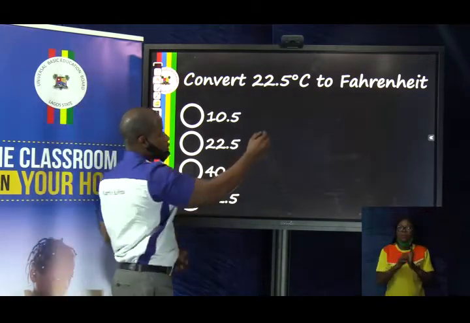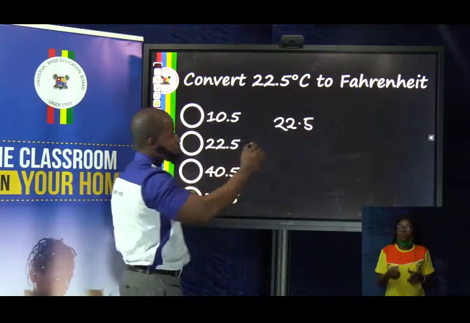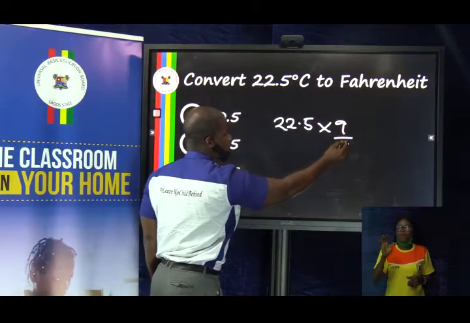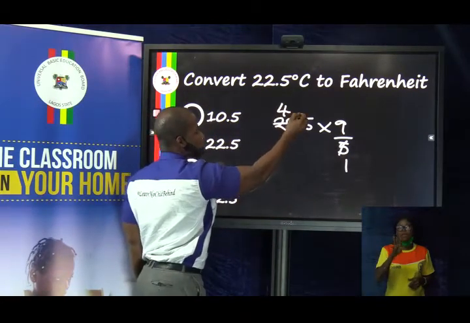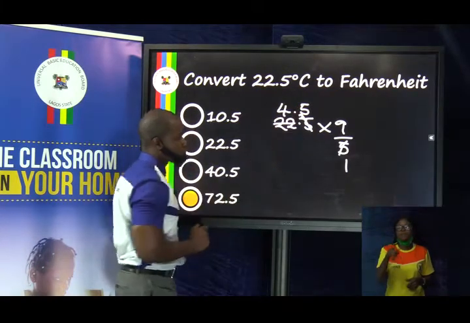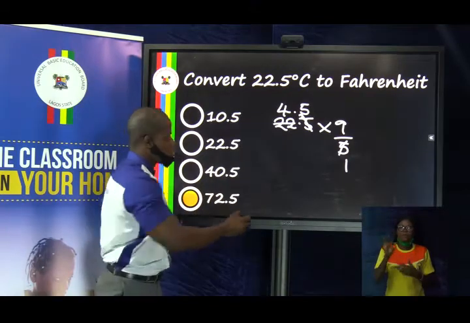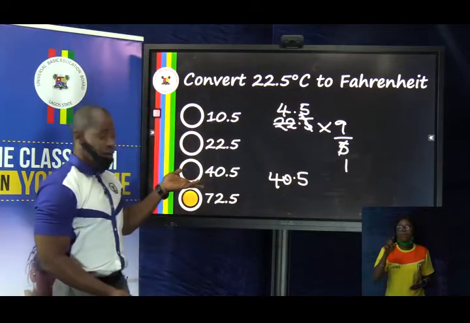Let's go. 22.5. First, we scale up by 9/5. That is 9 over 5. Now divide. 5 goes in 22, 4 times remainder 2, 5 goes in 25, 5 times. Don't forget there's a decimal point here. Now, 4.5 times 9 will give you 40.5.